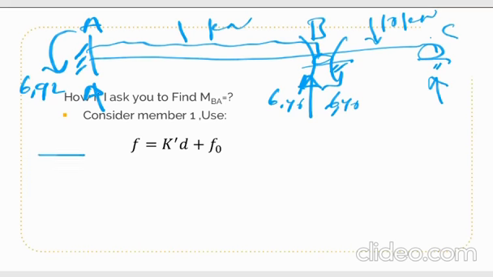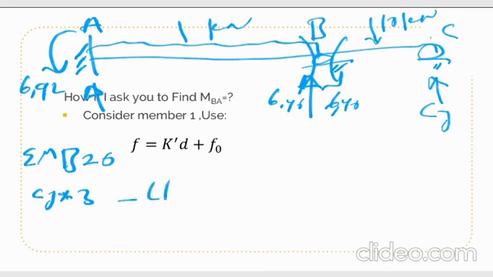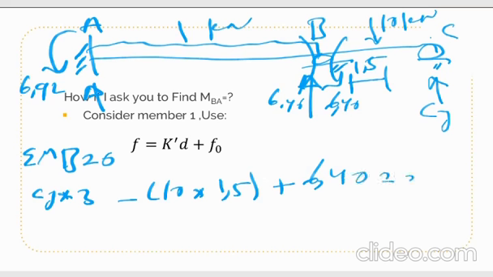I will take the moment about point B, so the summation of moments around B equals 0. So Cy times 3 minus 10 times 1.5, because this is already given, this is the 1.5 displacement, plus 6.40 equals 0. So Cy equals 2.87 kilonewton.